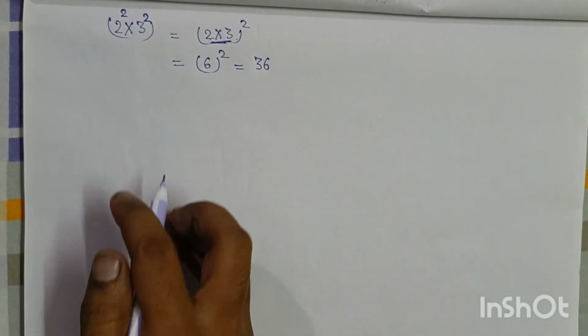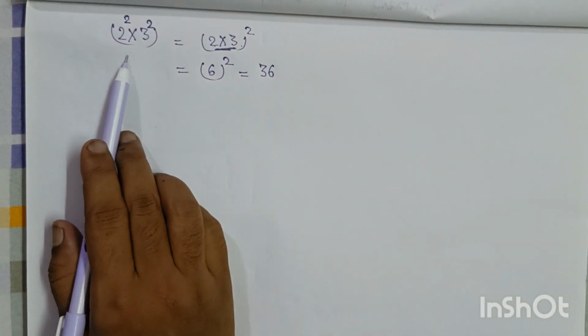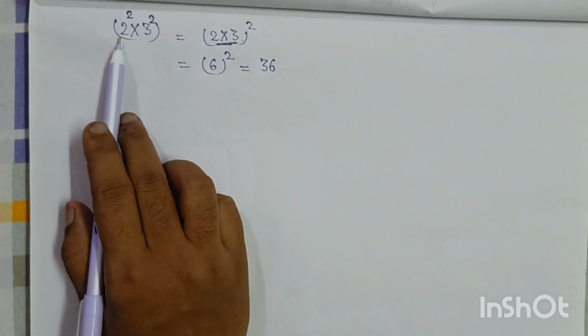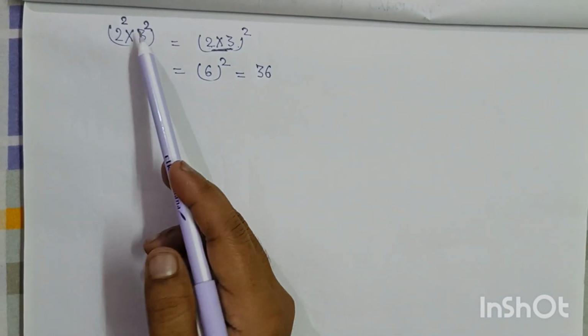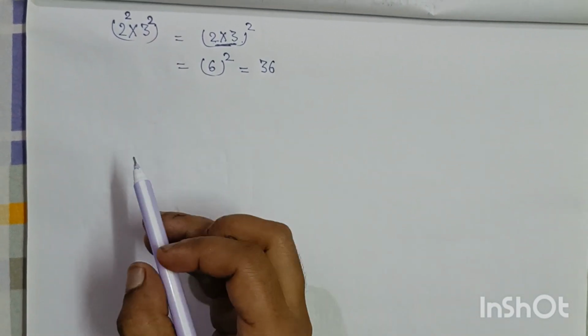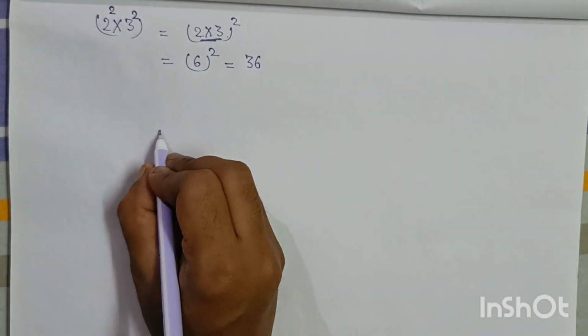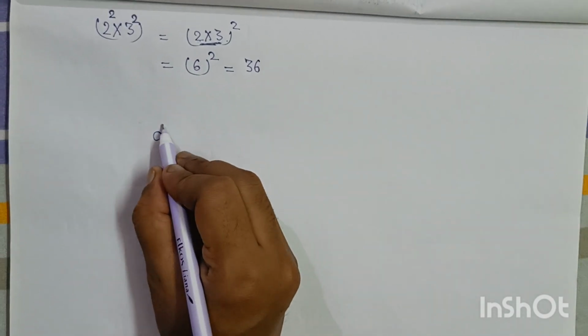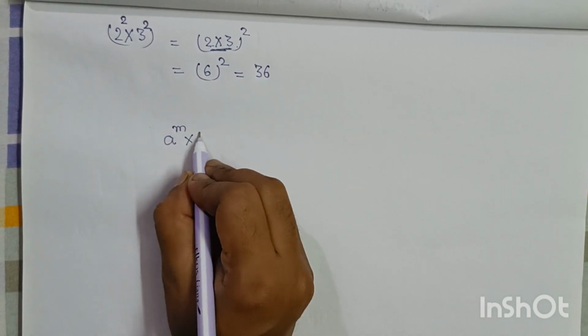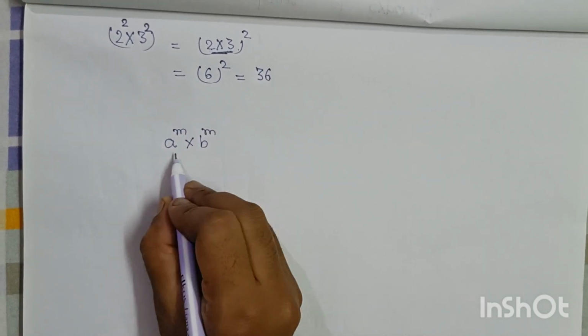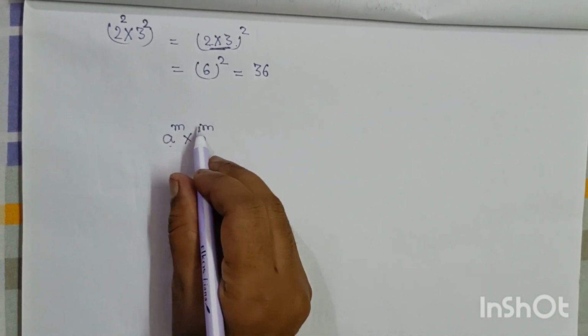Whenever we see an expression where the bases are different and their exponent is the same, we can generate a law of exponent in general, which is, let's say, a raised to the power m multiplied by b raised to the power m. These bases are different, but their exponent is the same.